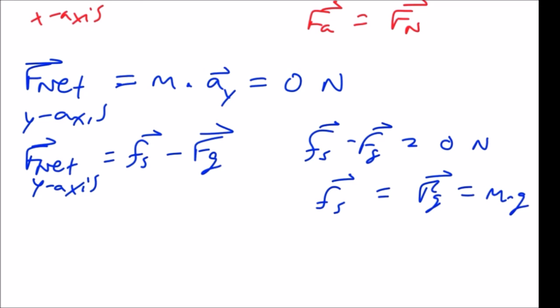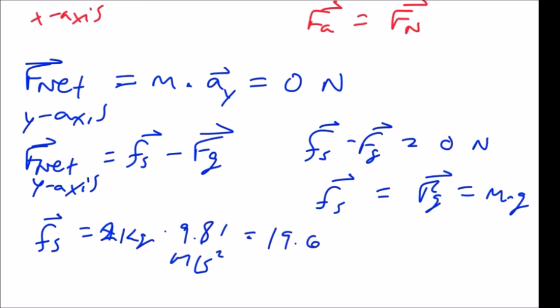So we're going to say the static friction equals, what's the mass of the book? 2 kilograms, right? 2 kilograms times 9.81 meters per second squared equals 19.62 newtons. Everybody there so far? You good with that?